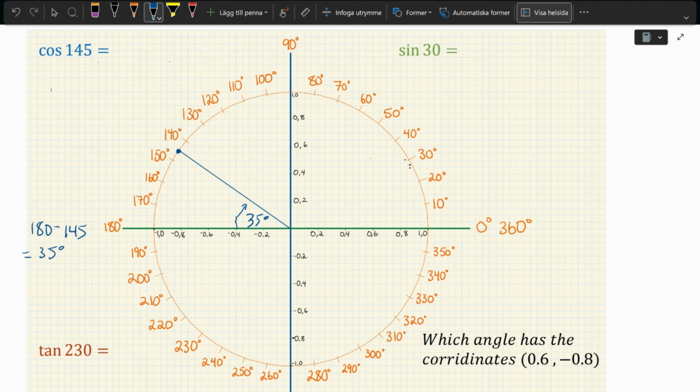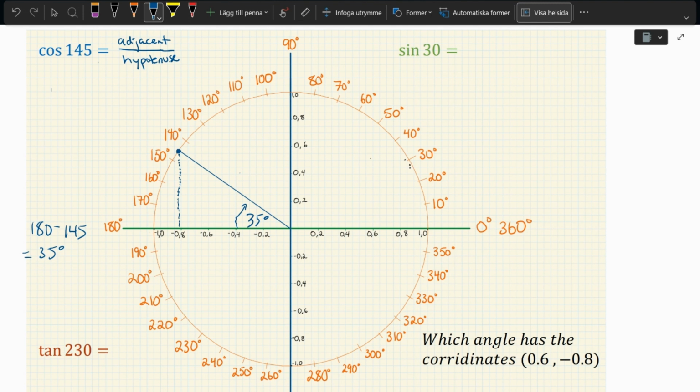Again, we can determine the cos of this by imagining that this forms a nice right triangle. And so the cos of 145 will be the adjacent side divided by the hypotenuse. In Swedish, we say that we take the närliggande katet delar med hypotenusa.